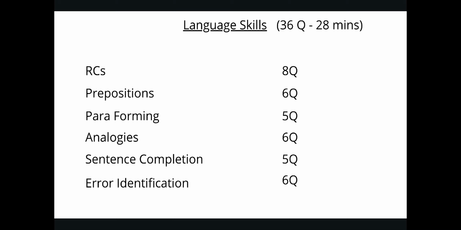Regarding error identification, we can expect around 6 questions. There is no need to focus specifically, because if you are good at the grammar part, like all the parts of speech from noun to conjunction, interjection, you have to know the right usage and the wrong usage of all the tenses, the articles, as well as the subject verb agreement.